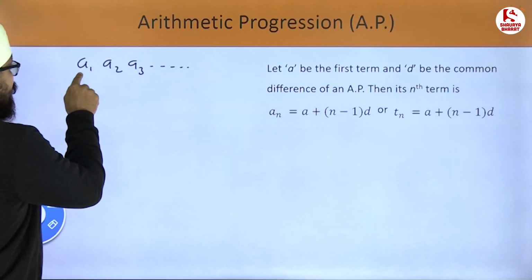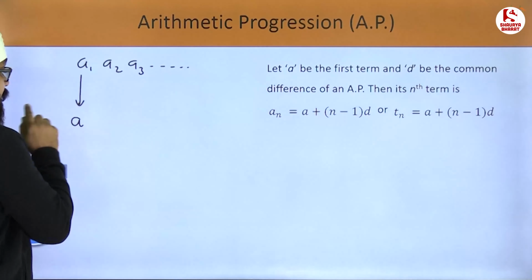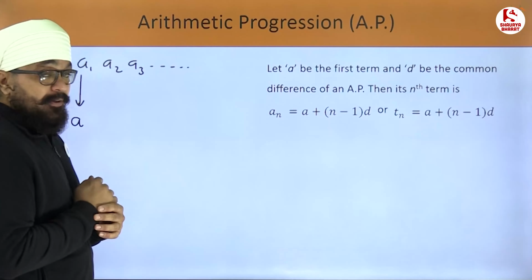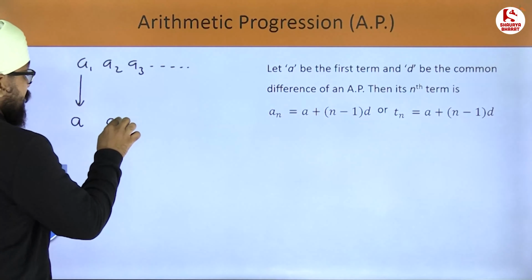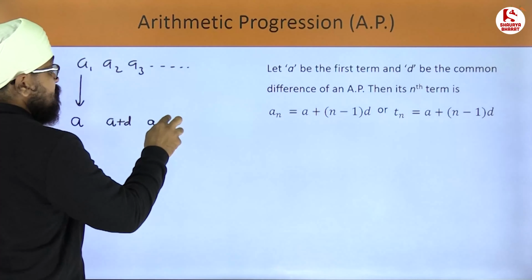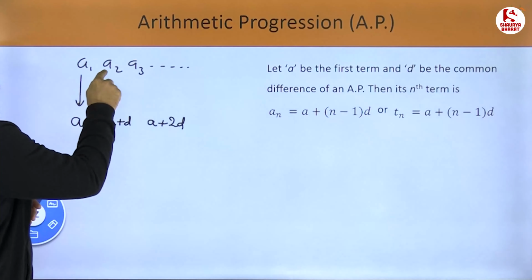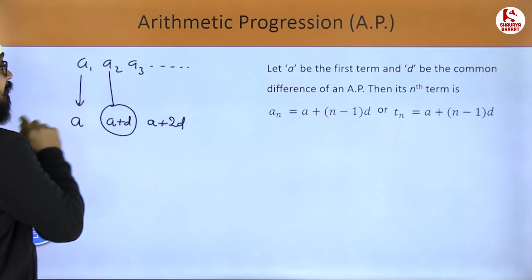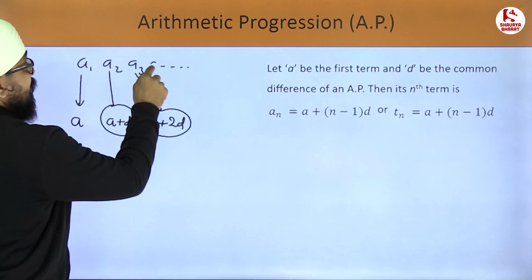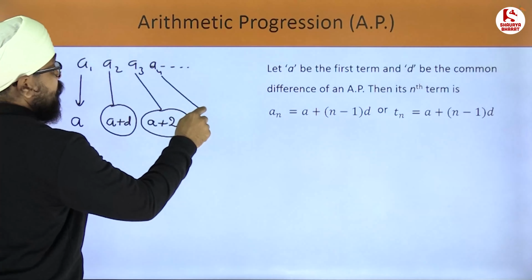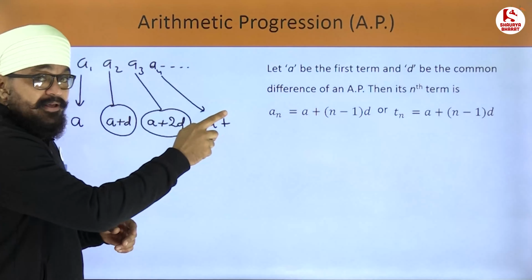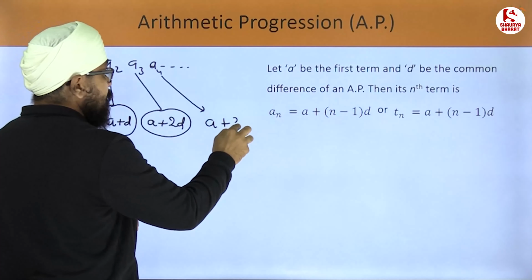So, if I fix the first number as A and continuously add D to it, I get A plus D, then again D is added, it becomes A plus 2D. So, the second term has 1D, the third term has 2Ds. In the same way, the fourth term, in that 2D one more D is added, so we get A plus 3D.